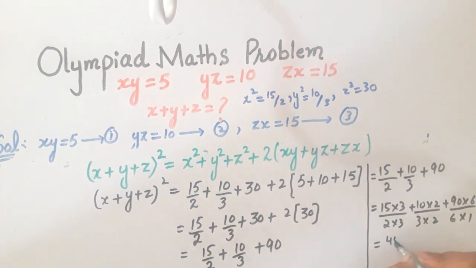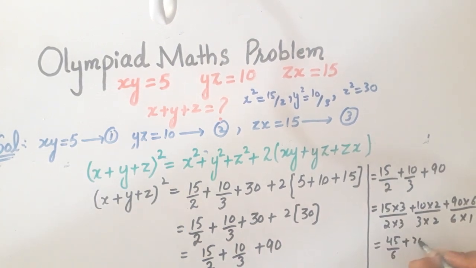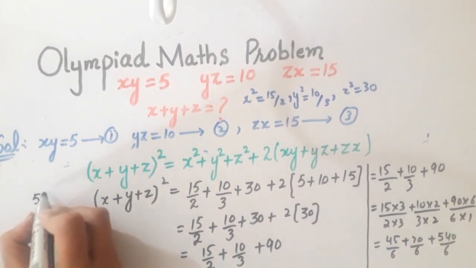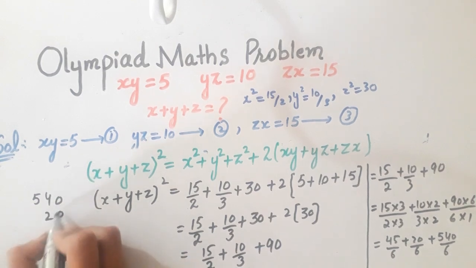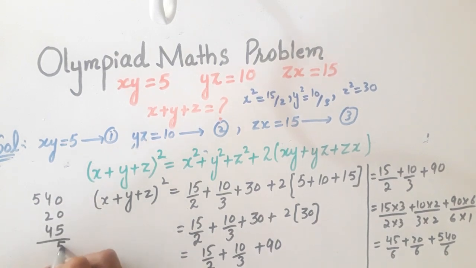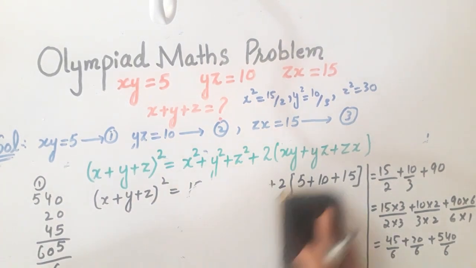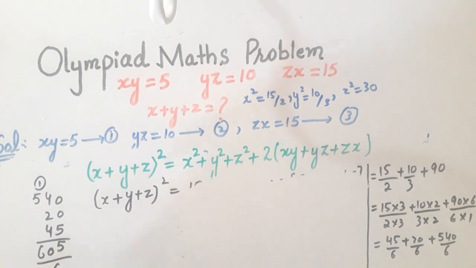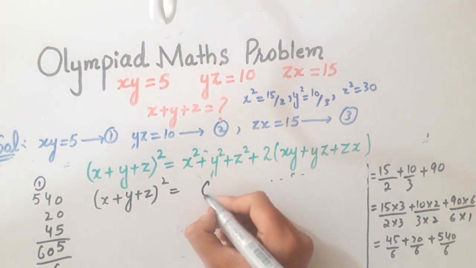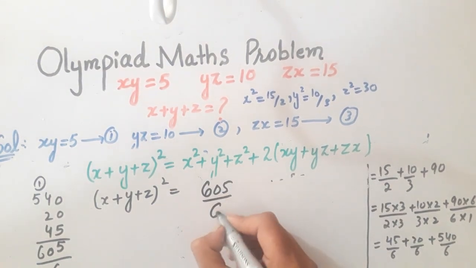So 45 by 6 plus 20 by 6 plus 540 by 6. Add all of them. 540 plus 20 plus 45 is 605. We get 605 by 6. So we will write this here, 605 by 6.